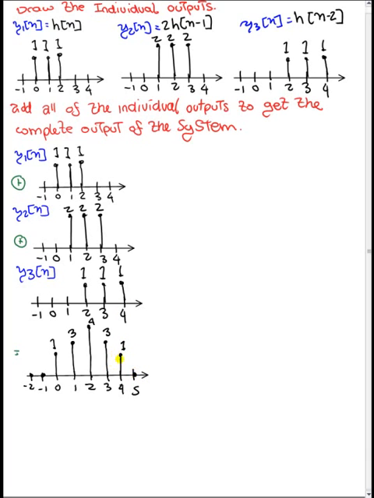Alright. So note, all we did here was add the individual outputs to create the whole output of the system, which is just going to be h of n plus 2 h of n minus 1 plus h of n minus 2. So what is this?